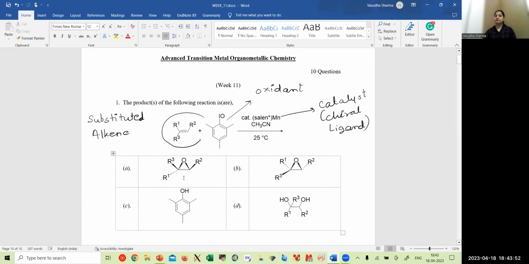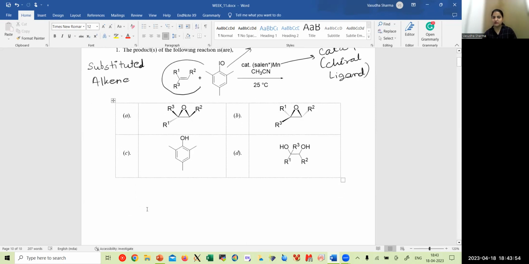Now it is nothing but the epoxidation that we know already. Manganese has a tendency to form manganese oxide, and then it will transfer it to the epoxide. Now, since we are using a salen, which is having that star, that means chirality is there, so it will give you an enantiomer. So what kind of enantiomer is going to form?